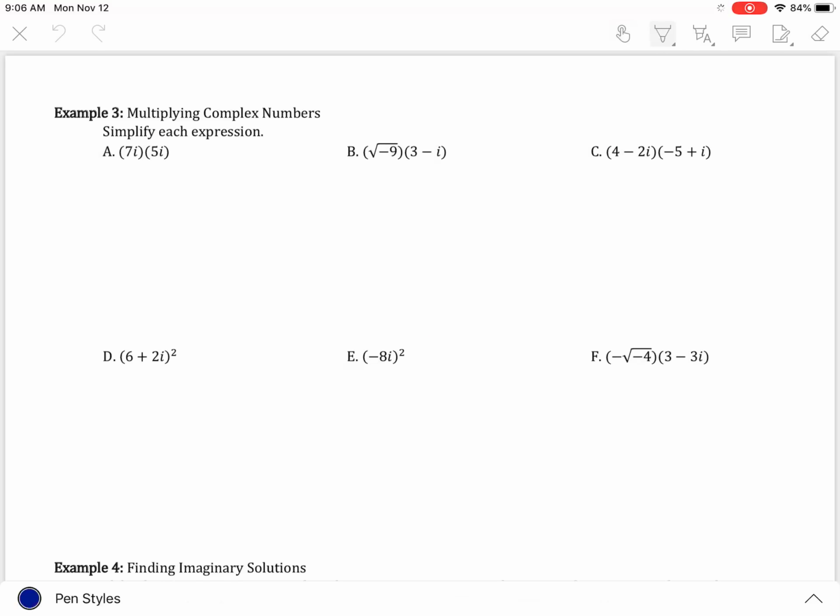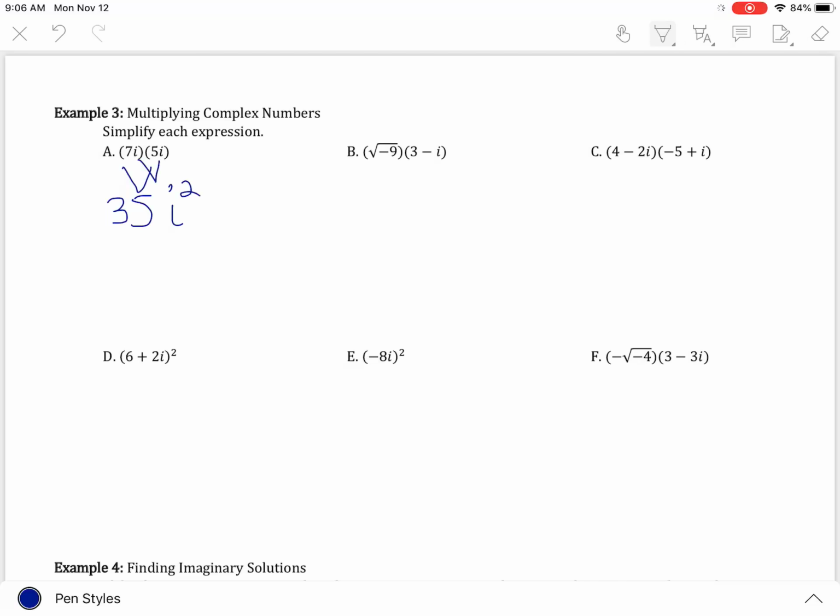Okay, as we go on to the back side of the paper, when you multiply complex numbers, please take it slow. It does seem pretty easy at the beginning, just make sure that you're following every step. So we multiply the whole numbers together just like we normally would. So we would have 7 times 5, which is a positive 35. When you multiply the i's together, you get an i squared.